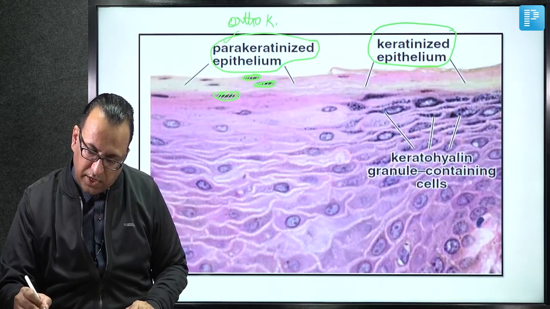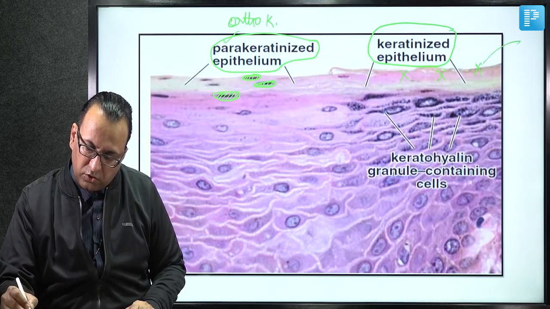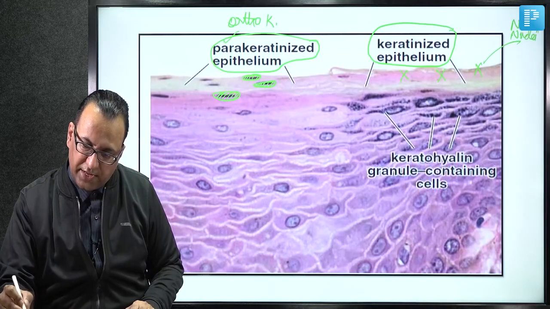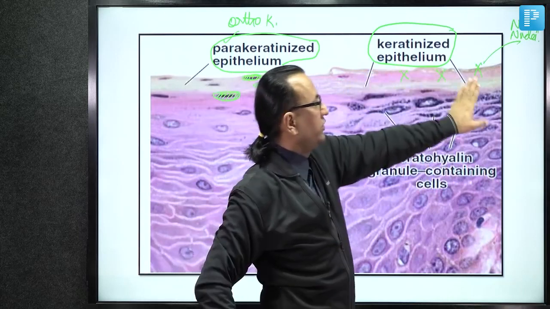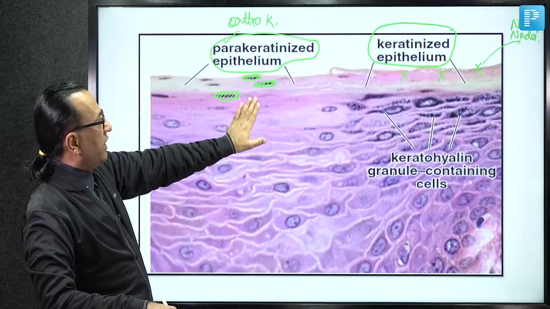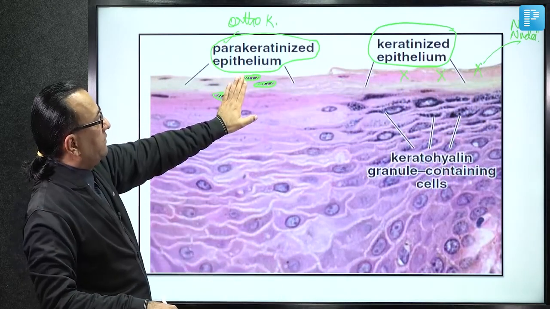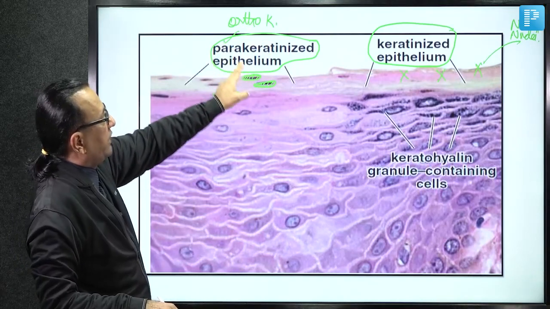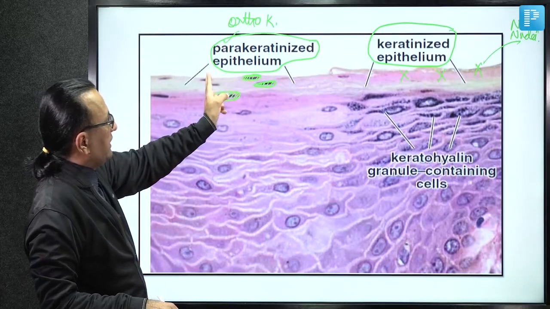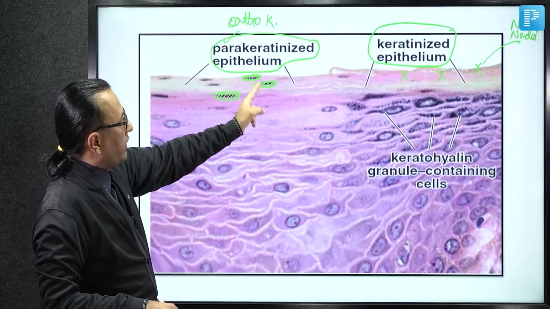Whereas in the normal keratinized skin, you don't have nuclei in the superficial layers. So this is the true skin with no nuclei in the superficial layers, but this is keratinized stratified squamous epithelium, but a different type of keratinization, orthokeratinization, parakeratinization, where even the superficial cells definitely show some nuclei.